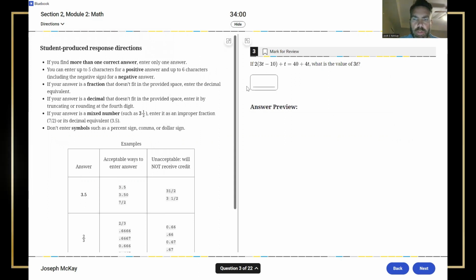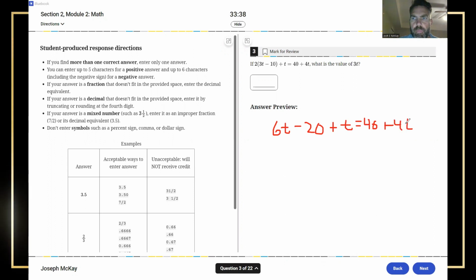This one I would just work out using basic algebra. You want to be decent at basic algebra. So if I distribute this 2, I get 6t minus 20 plus t equals 40 plus 4t. That's a 40, not a 46, and that's a plus.